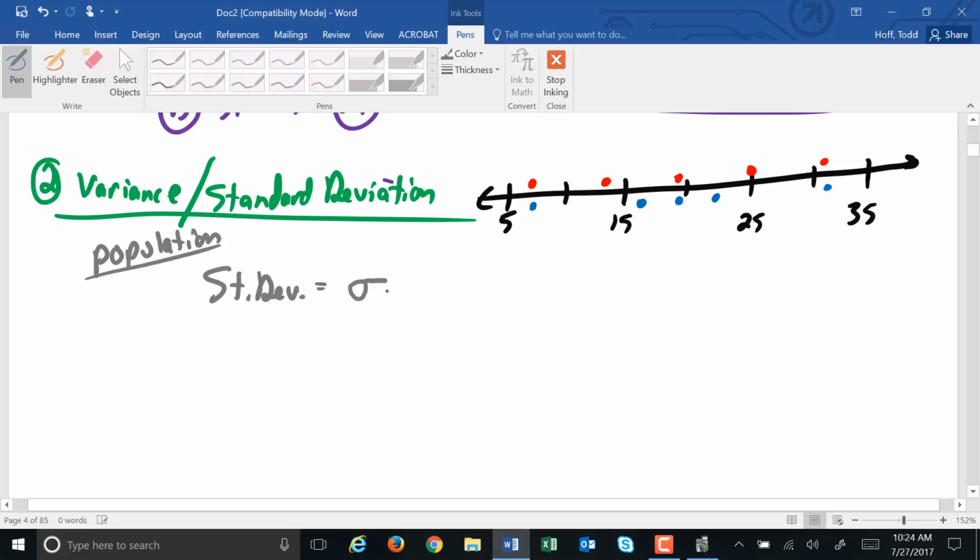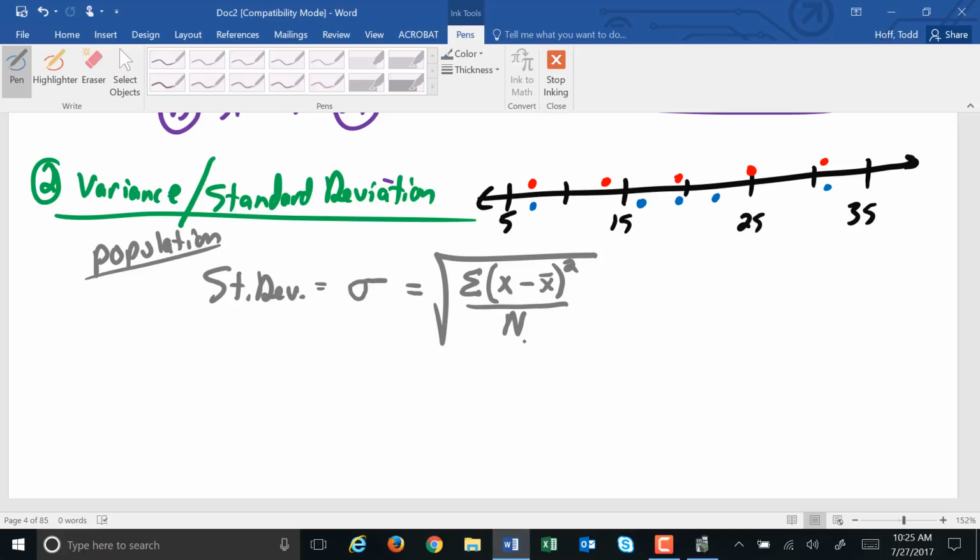That is the small Greek letter sigma. It is equal to the square root of the sum of each of the numbers, x minus the mean for that set of numbers, then squared, then divided by, capital N is just the number of items in a population.